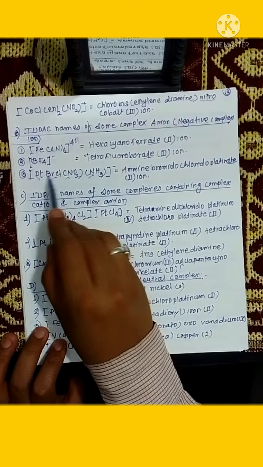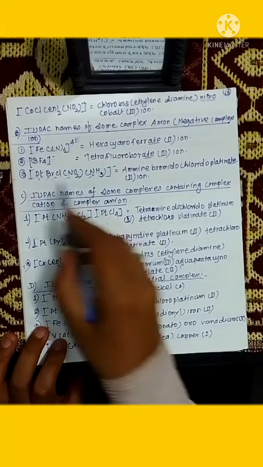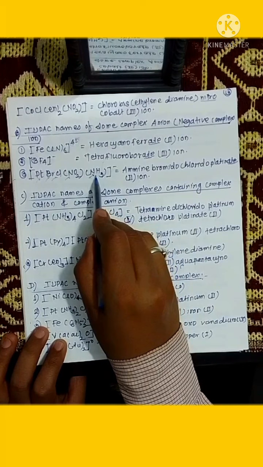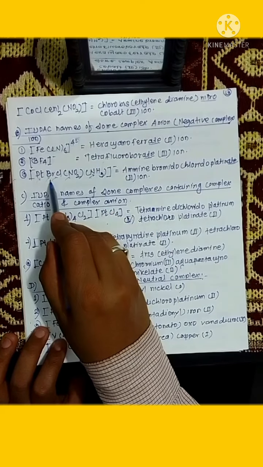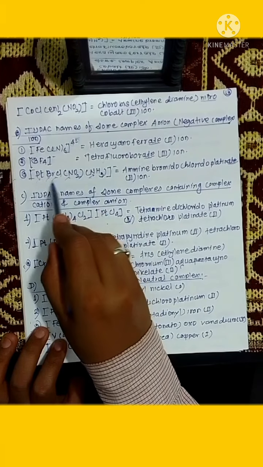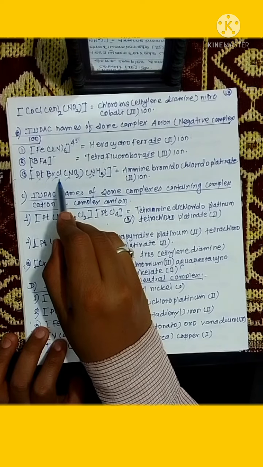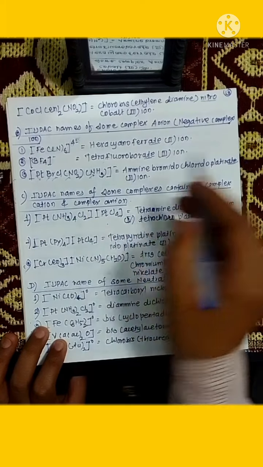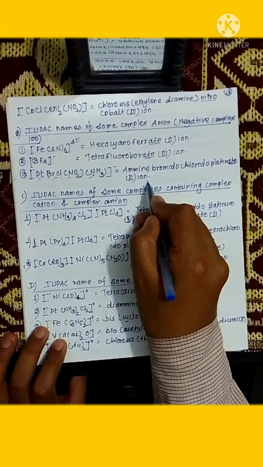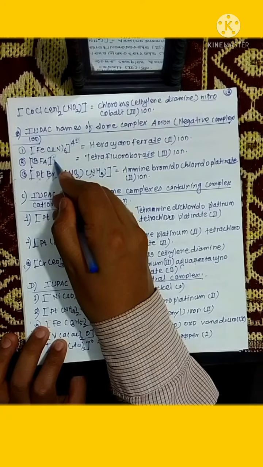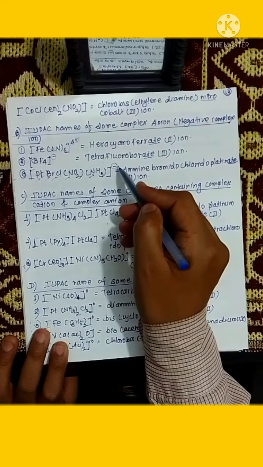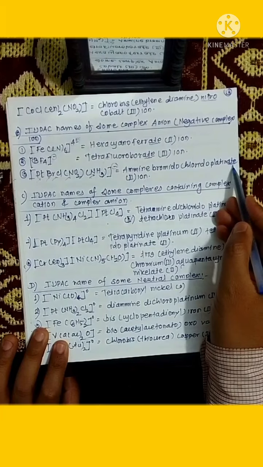The oxidation state of platinum is 2, so the overall name is ammine bromo or bromido chlorido nitroplatinate(II) ion. Ate is written because it is an example of an anion; the overall charge on the complex is negative, that's why the metal name ends with ate.